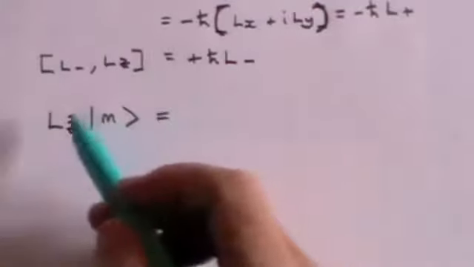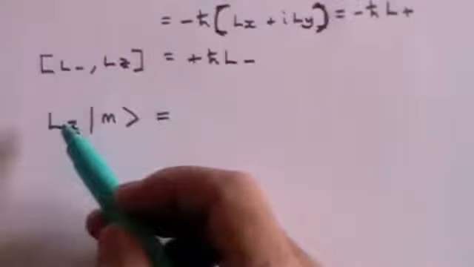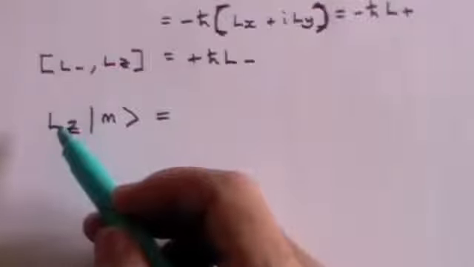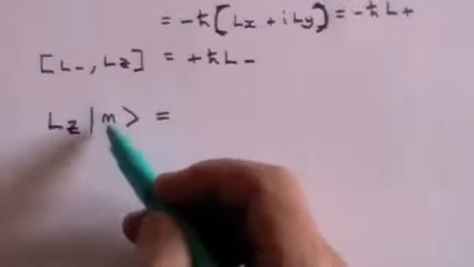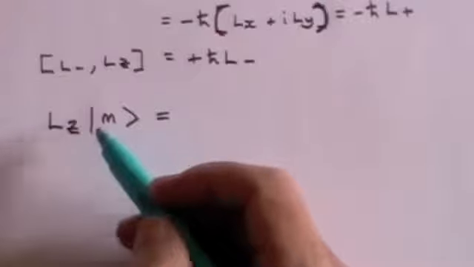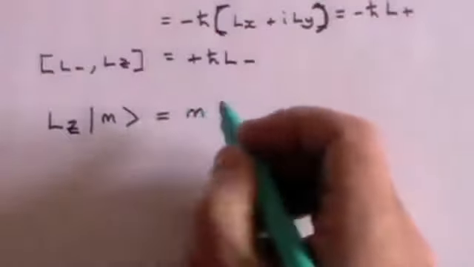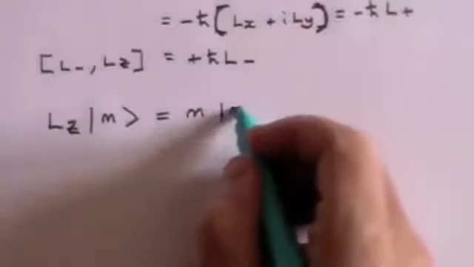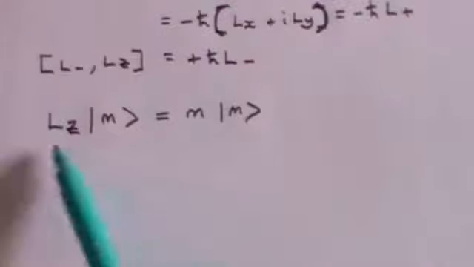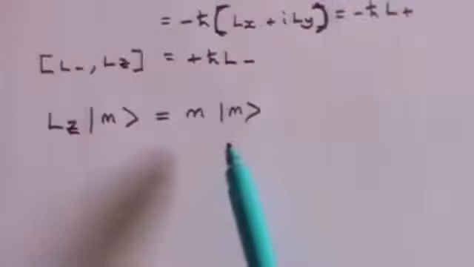And what Hermitian operators, which are measurables, do, as we've learnt many times in quantum mechanics concepts, is they act on the state of the system to provide an eigenvalue. The eigenvalue, the actual value you're going to measure, is the value of the angular momentum along the z-axis, and of course it is multiplied by the eigenvector m. That's a form that we've had many times in quantum mechanics concepts.